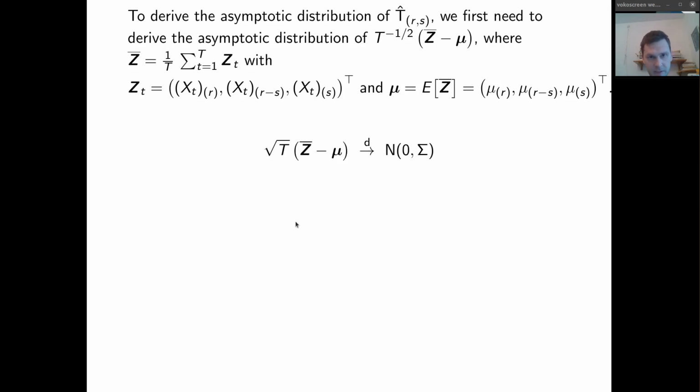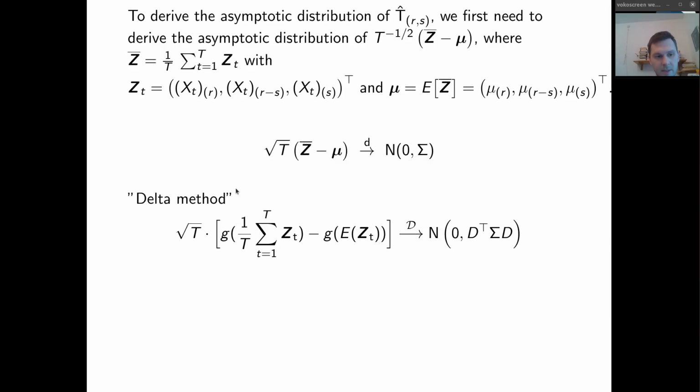To derive the asymptotic distribution of such a statistic, we first need to derive the asymptotic distribution of this term involving factorials and factorial moments here. With the help of a central limit theorem by Ibragimov, we can show that this converges to the multivariate normal distribution with the matrix sigma.